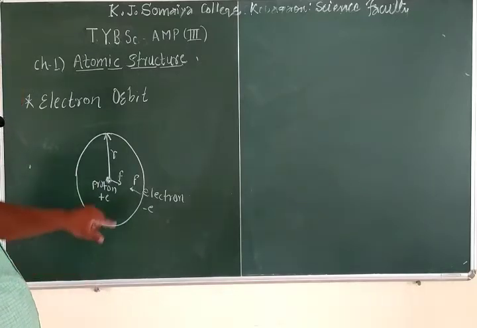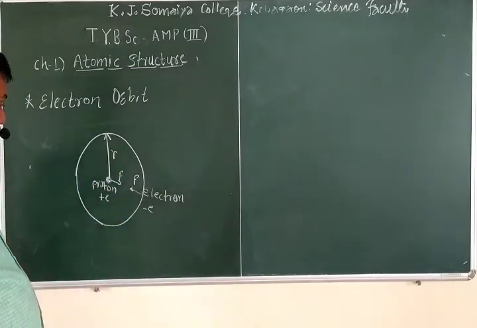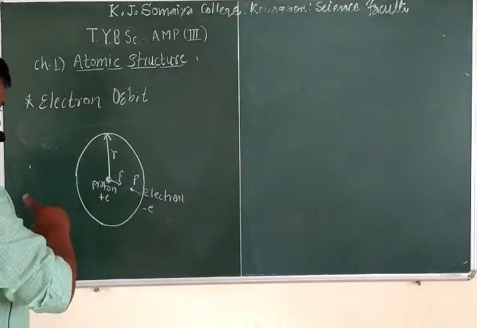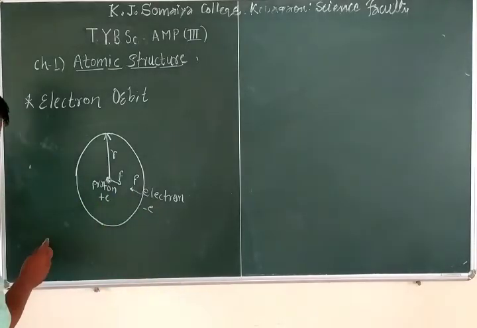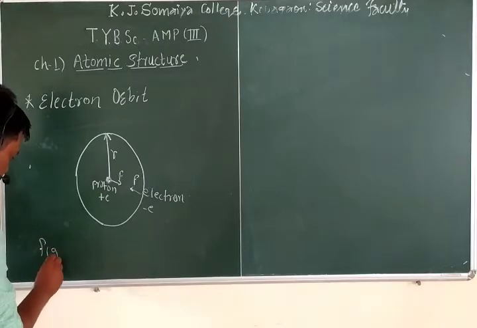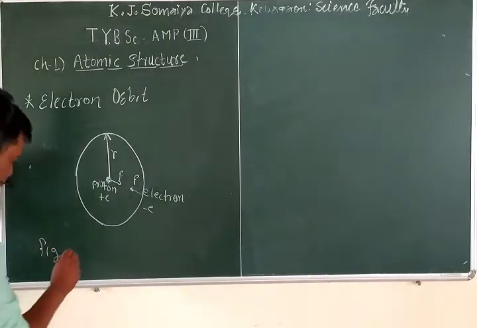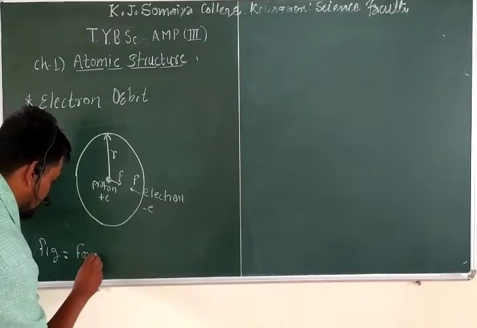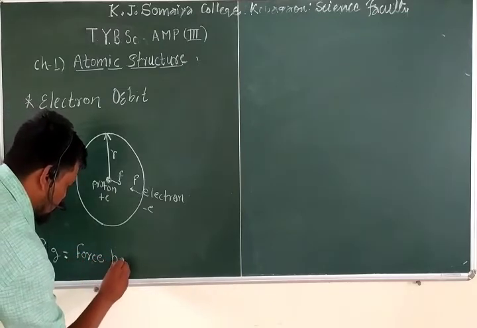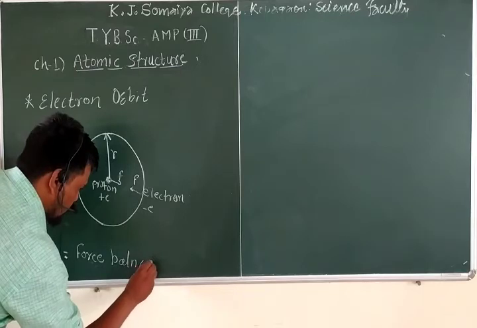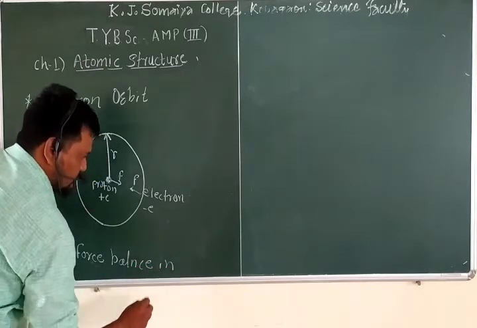If the energy of the electron in the hydrogen atom is greater, then the electron is not bound. This is the figure for the force balance in the hydrogen atom.